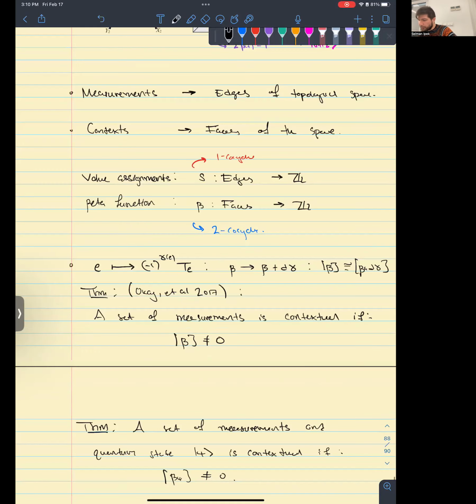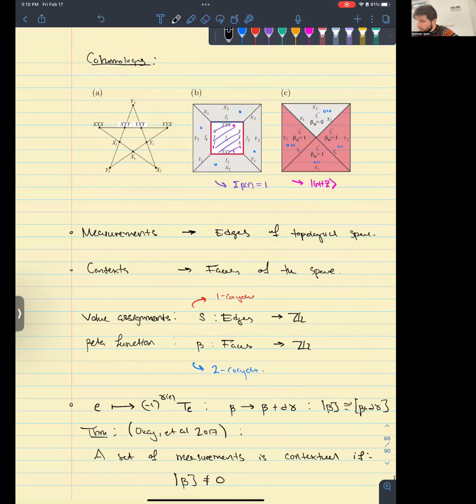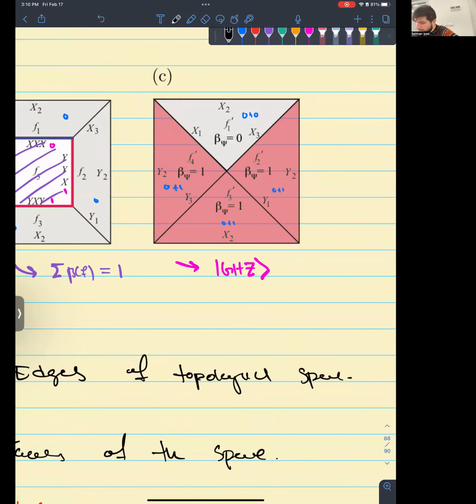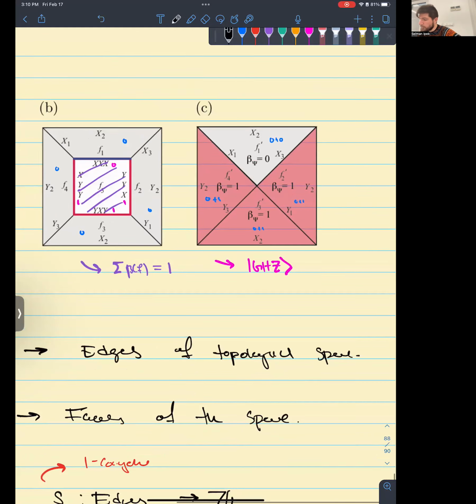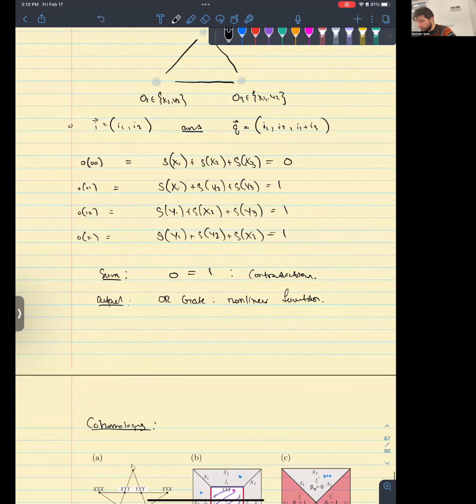I won't prove this, just going by example, we can see that something similar is going on here. If you sum up all of the faces here, you see again that the sum of the values of beta psi will sum to 1, which is not equal to 0. And so you get that the state-dependent Mermin square has a contextuality proof, which is what we already proved up here.